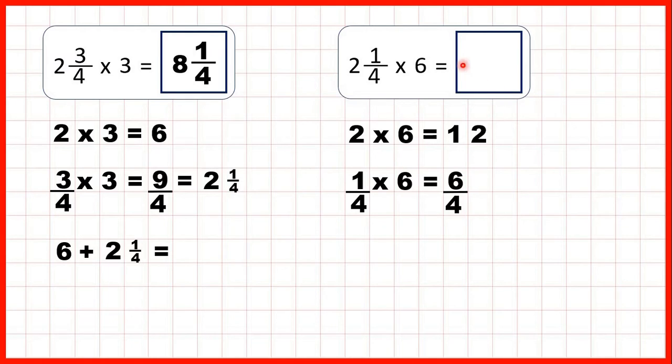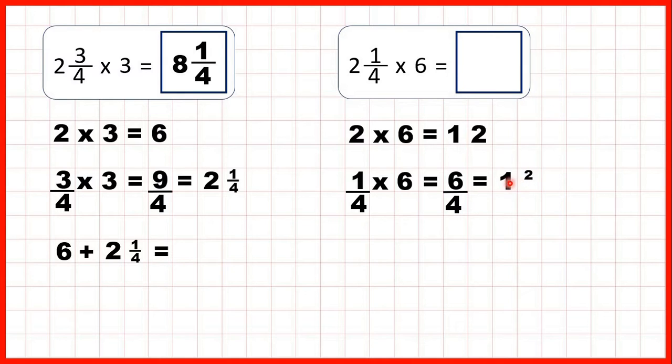We can't write 12 and 6 quarters as our answer because we can't have an improper fraction. We can't have a fraction where the numerator is larger than the denominator if we're writing our answer as a mixed number. But we can change 6 quarters back into a mixed number by dividing. 6 divided by 4 is 1 remainder 2. So the remainder 2 is our numerator.